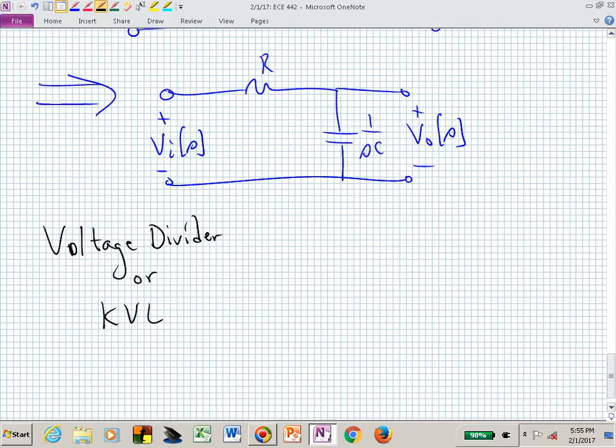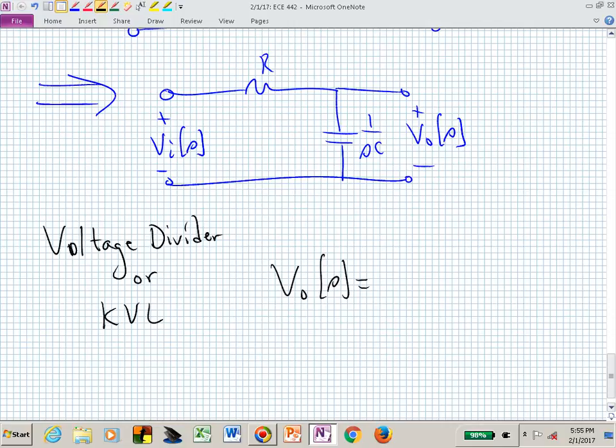If we did a voltage divider, do you remember what that means? Yeah, you can say yes, right? You have a coin flip, but this would now be the impedance of the capacitor divided by the total impedance of the network. That's our voltage divider for this.